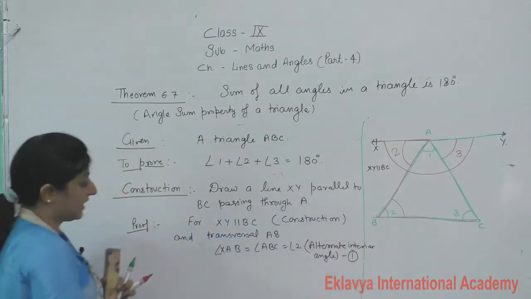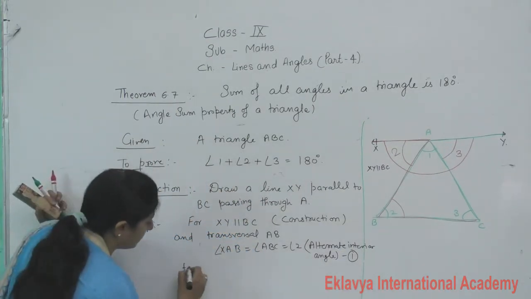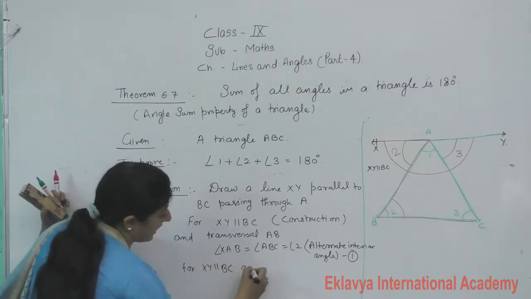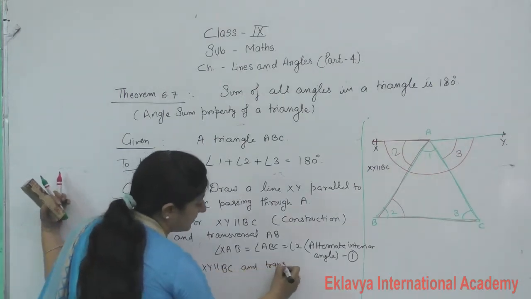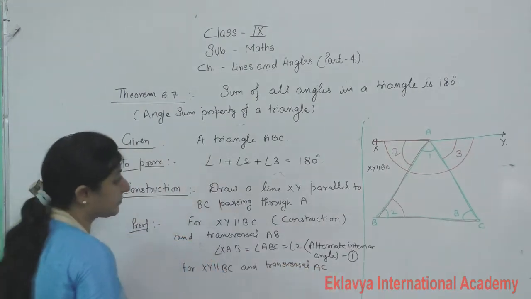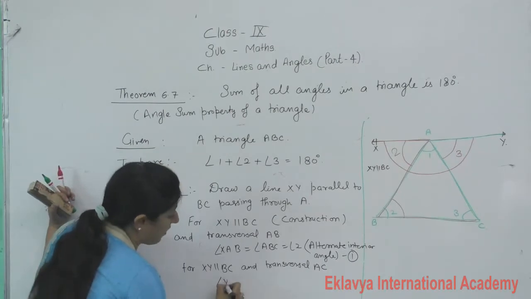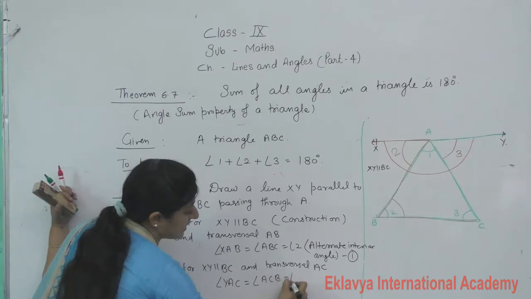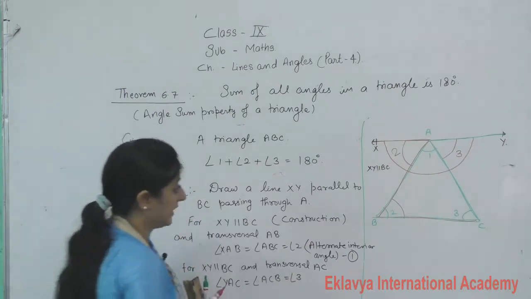for XY parallel to BC and transversal AC, angle YAC is equal to angle ACB is equal to angle 3.